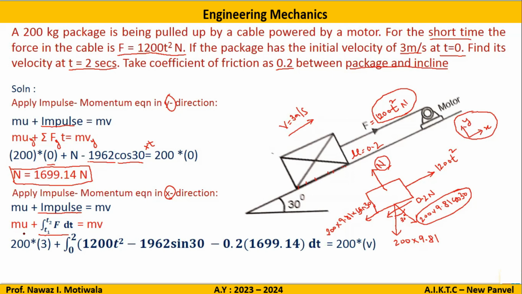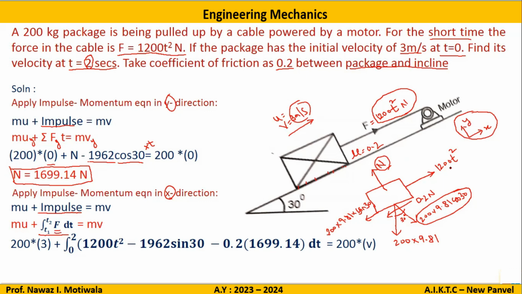Initial velocity was given to us as 3 meters per second. Let it be u because it was initial velocity, plus integration between the time limit 0 to t2, because we need the answer at time t equal to 2 seconds, of F, considering all the forces in x direction.